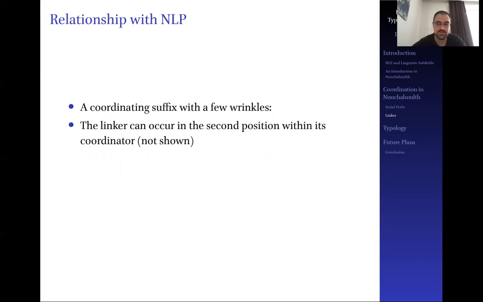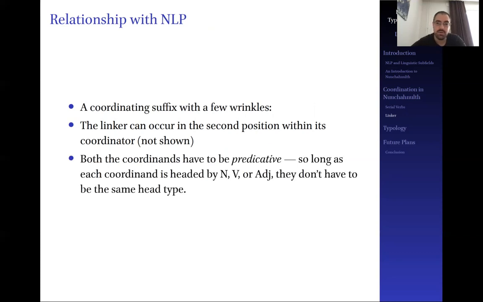I didn't show this for time, but this is how you can get it on adverbs. Both the coordinands have to be predicative, which means that so long as each coordinand is headed by noun, verb, or adjective, they don't have to be the same type. This is how we can get it occurring on a noun and linking it to a verb.